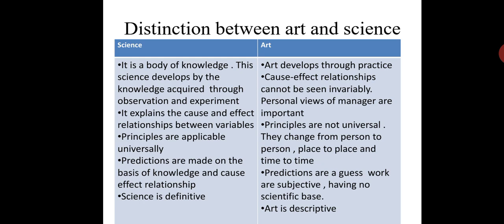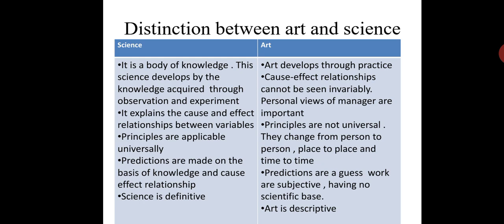Let's take an example of poetry. Okay, so poetry is an art. Whenever you read some kind of poetry, your meaning of that poetry is going to be different from somebody else's, and that poetry is describing, it is not definitive. Whenever you read a poetry, you feel the things rather than you define the things.